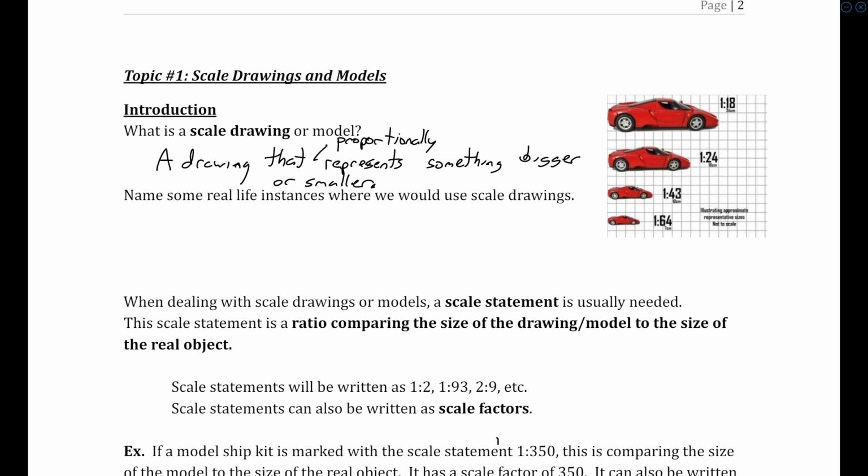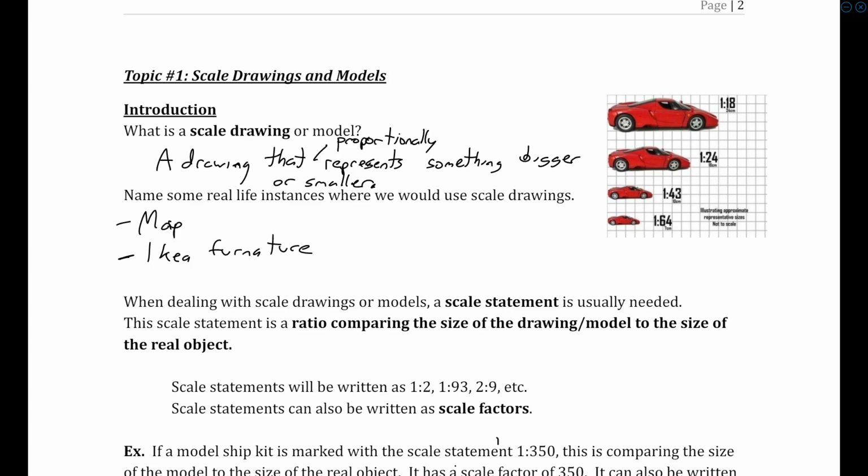So what might be some real life instances? Well, I can give you a few examples here. One that I've seen a lot is a map. One that I've used relatively regularly is IKEA furniture. Right, you get that little picture of all the pieces.